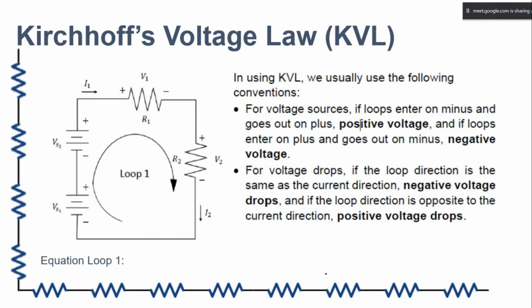Ayan po yung ating representation on how to analyze our diagram using KVL. Tandaan po natin na for bullet number 1, if loops enter on minus and goes out on plus, so positive ang voltage. If loops enter on plus and goes out on minus, negative ang voltage.